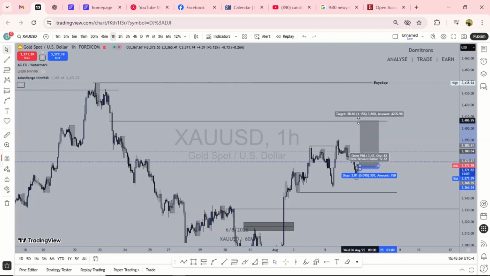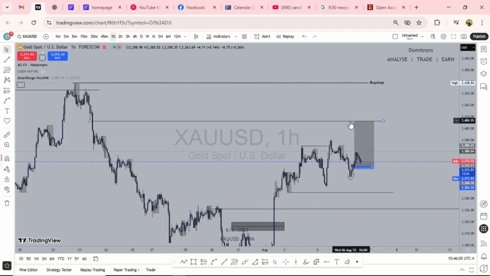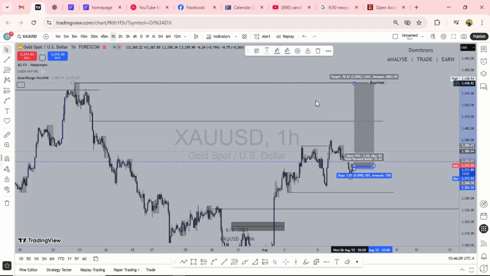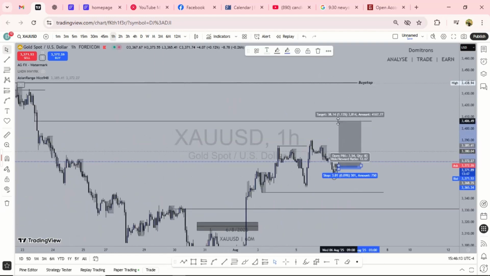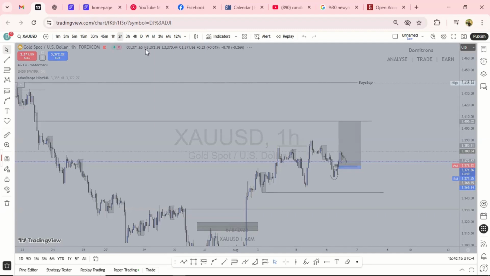We'll be targeting this high, this right here, and then the next position will be this buy stop we have resting right there. But for now, we just target that.